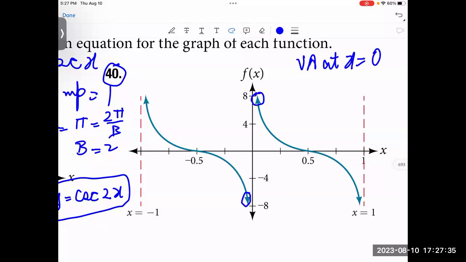So, it seems obvious that there is a vertical asymptote there. And a vertical asymptote, just by looking at it, it's either a tan or a cotan function. A vertical asymptote at x equals 0 is the property of the cotangent function. So it's a cotangent function.